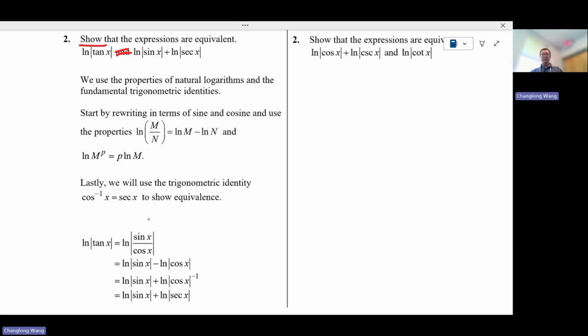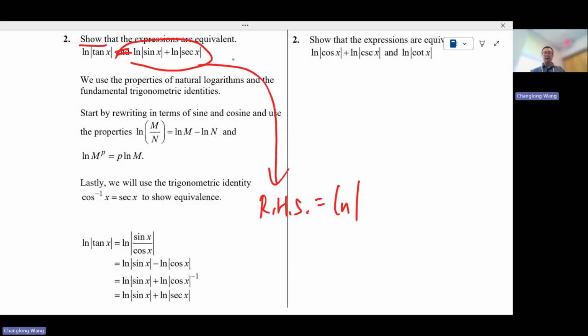Anyway, for some reason they decided to go with the left-hand side. This is the right-hand side, right? So if you decide to go with what we call the product rule for logs, you could combine the two logs by writing natural log of the absolute value of the product, sine of x times secant of x.